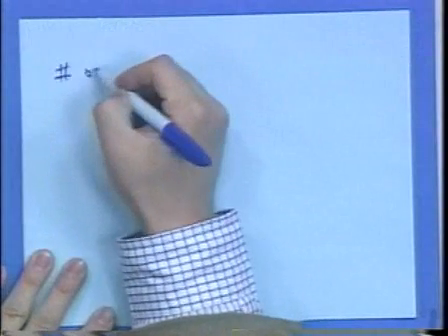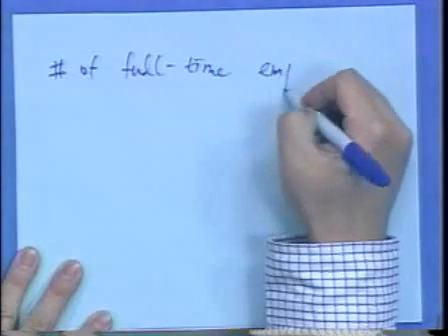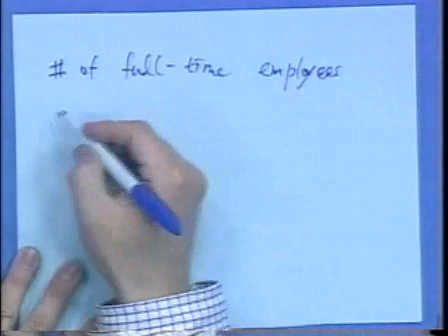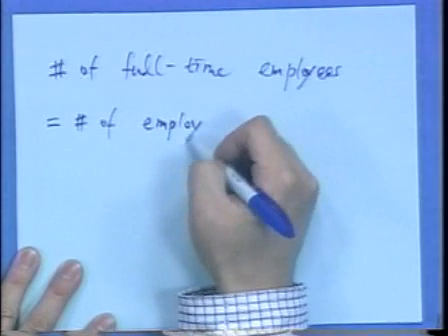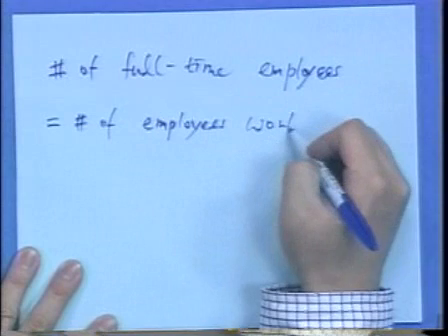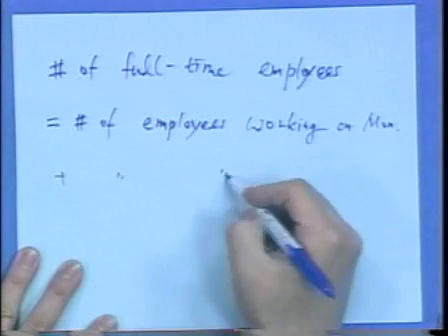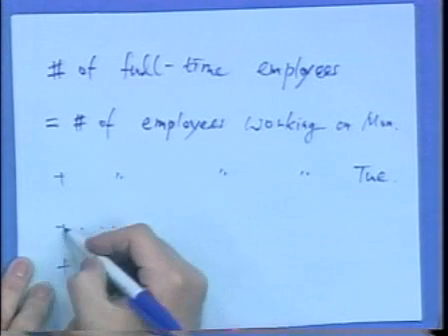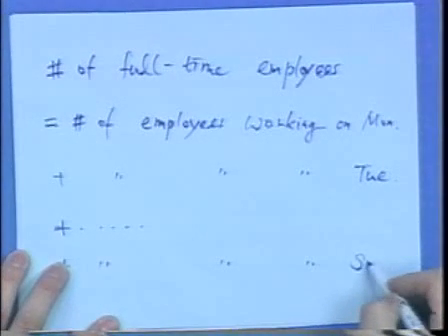you might think that the total number of full-time employees would be the total number of employees working on Monday plus the number of employees working on Tuesday and so on, until the total number of employees working on Sunday.